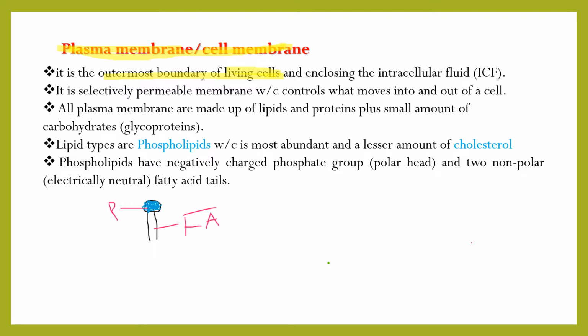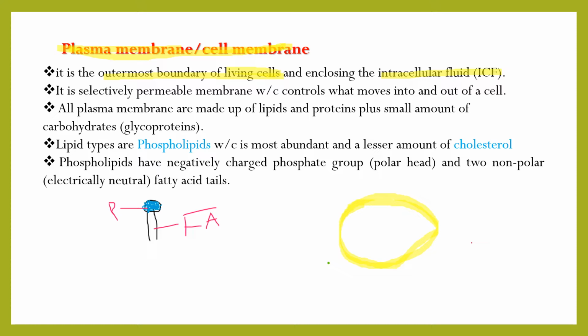Second, this plasma membrane or cell membrane encloses the intracellular fluid of the cell. The intracellular fluid, the fluid which is found in the cell, is enclosed by the cell membrane.